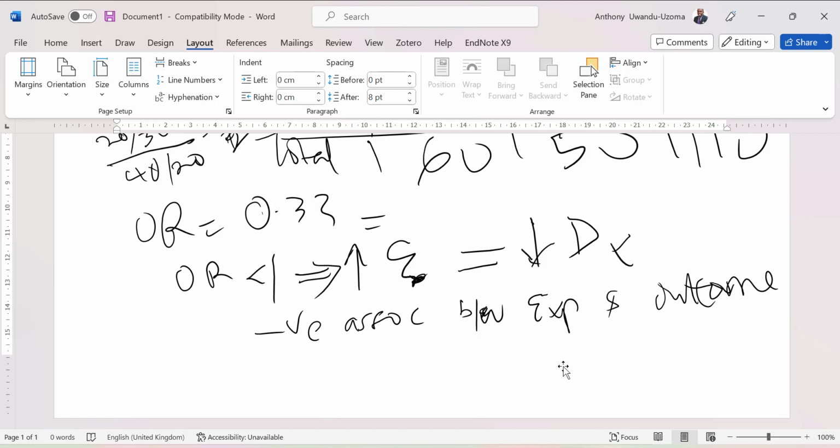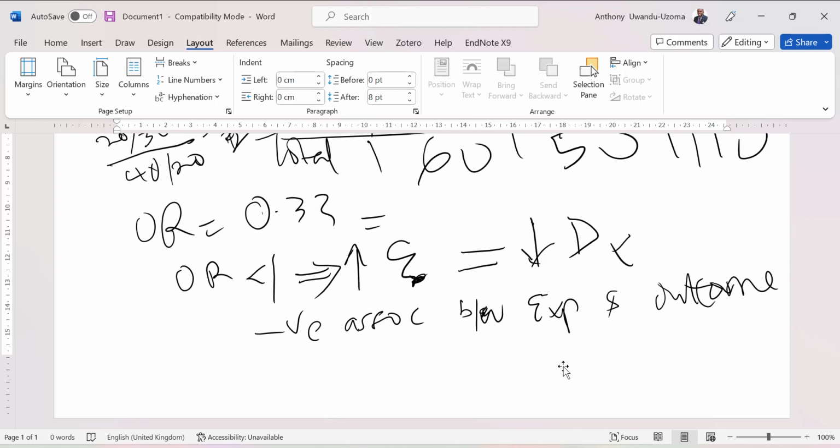When the answer is more than one, there is a positive association. When there is no difference, when the answer is equal to one, then there is no relationship at all between the exposure and the outcome. This is the first statement.